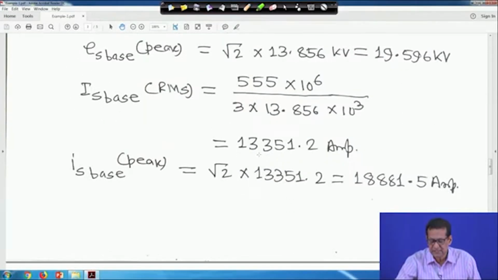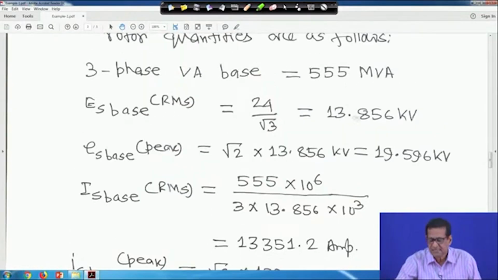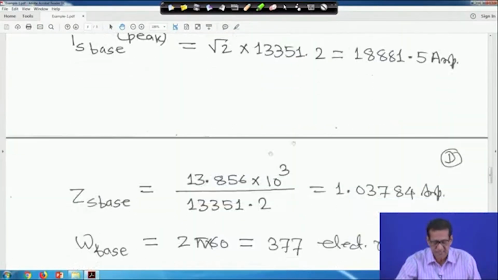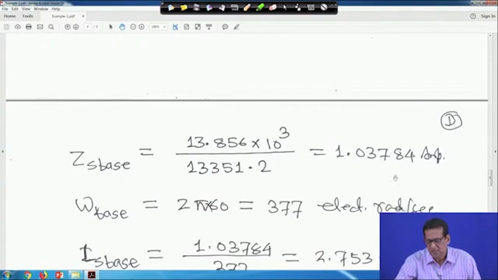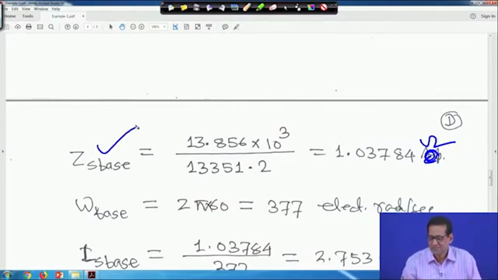This is ZS base, it is actually ohm. By mistake I put it as ampere, it is ohm.